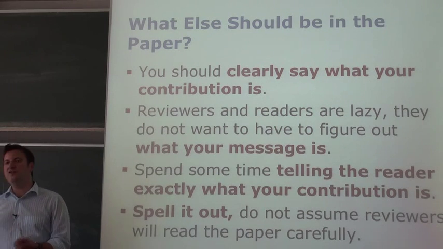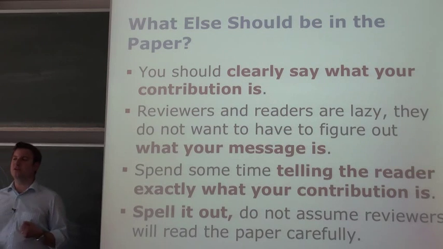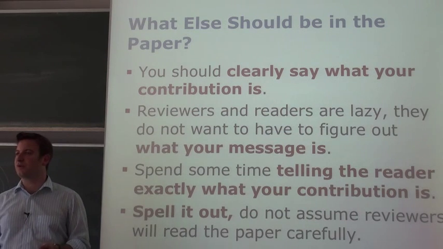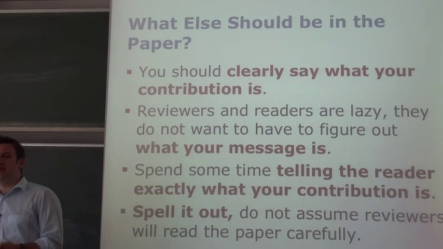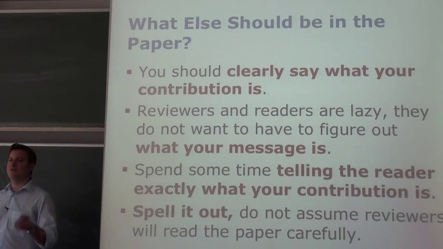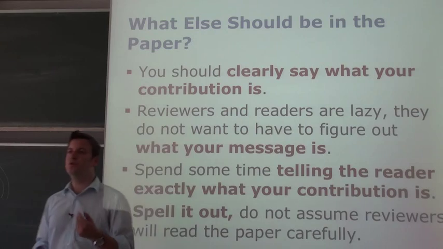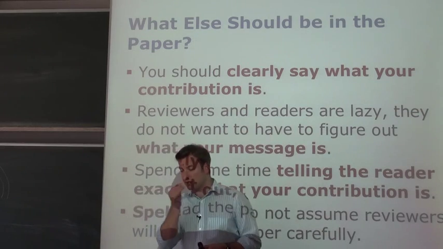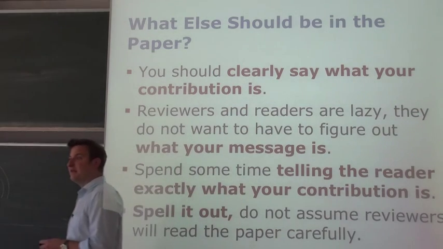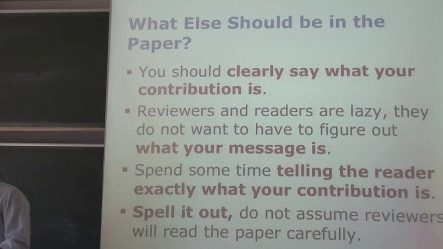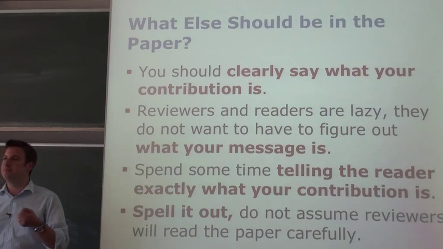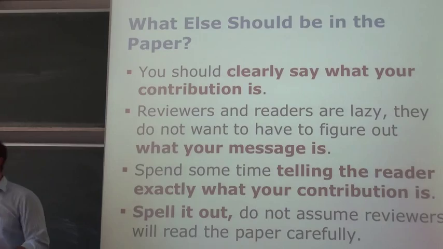One reason why a lot of papers fail is because they do not clearly state what the contribution of this work is. So what is the change that this paper generates for the reader, for the technology, for the field, and what do I learn when I read that and implement that technique? So what is the contribution?